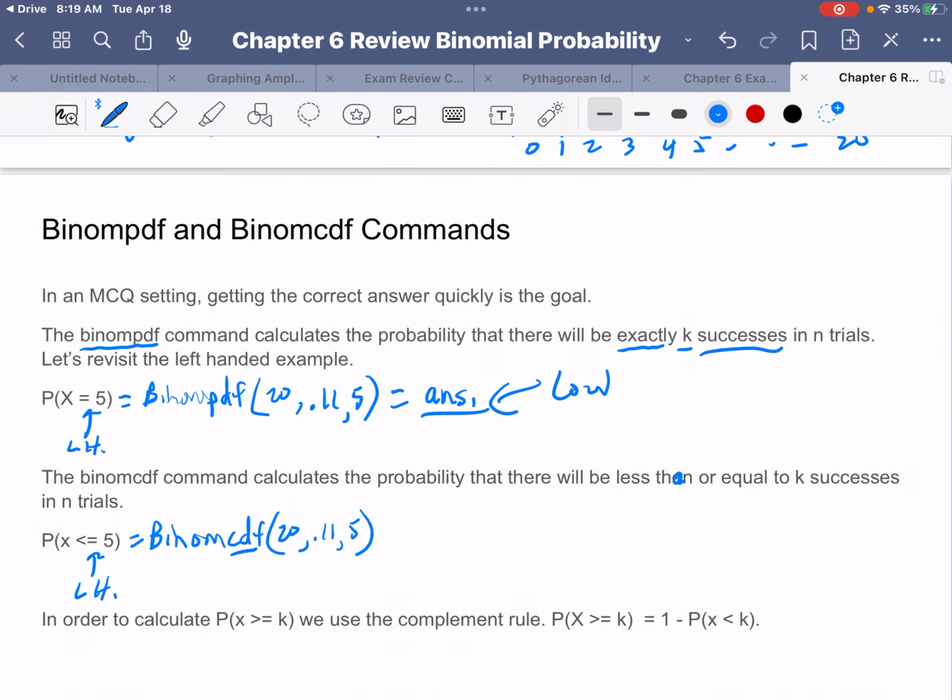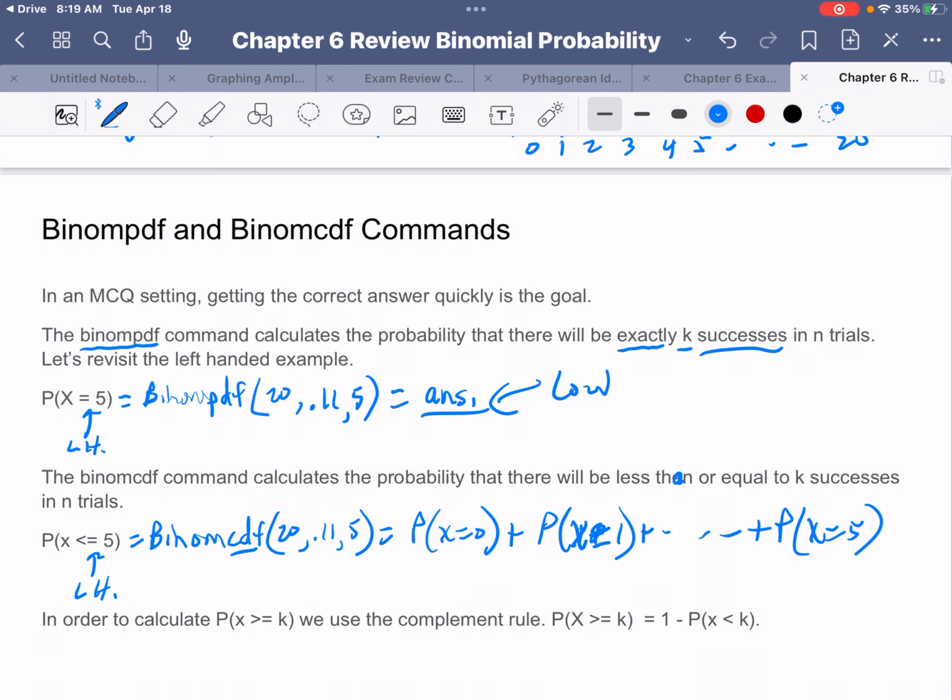See, when you change it to CDF, what it's doing is it's finding the probability of getting 0 lefties plus the probability of getting 1 lefty all the way out to the probability of getting 5 lefties. So that's a nice command.